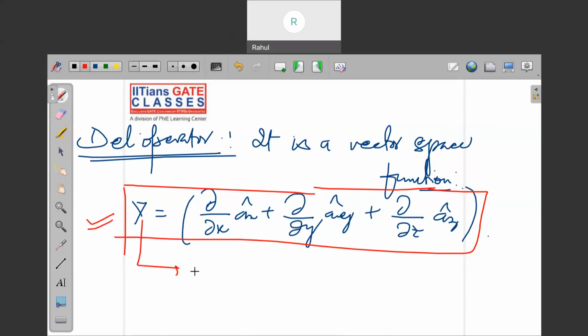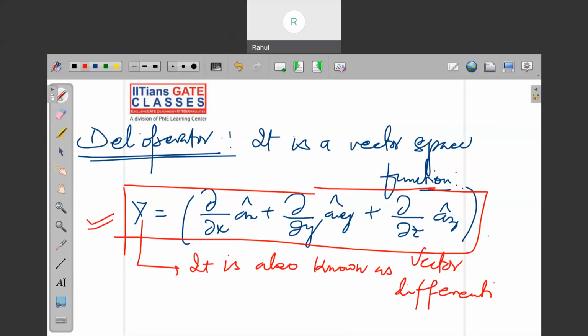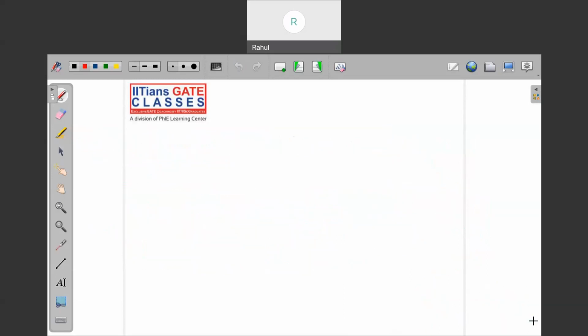Sometimes it is also called the gradient operator.